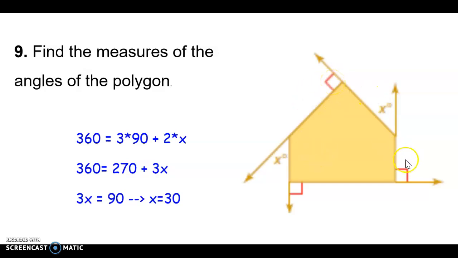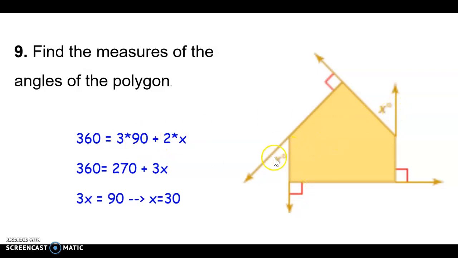Now this shape has 5 sides and 5 exterior angles, but it doesn't matter what shape it is. The exterior angles always sum to 360 for any convex polygon. So 360 equals the sum, and I just went ahead and wrote, well, there's 3 of these 90 degrees. 90 plus 90 plus 90 is 3 times 90.